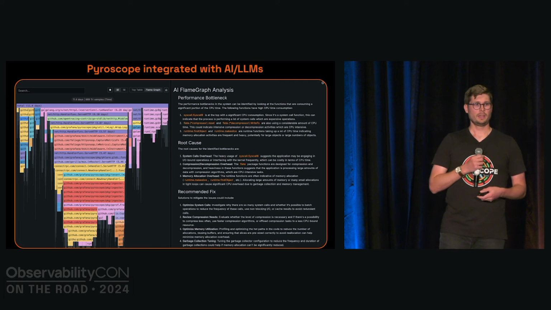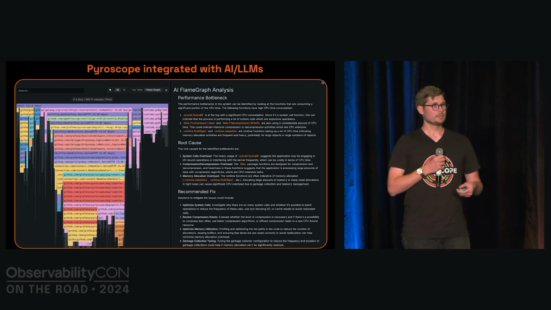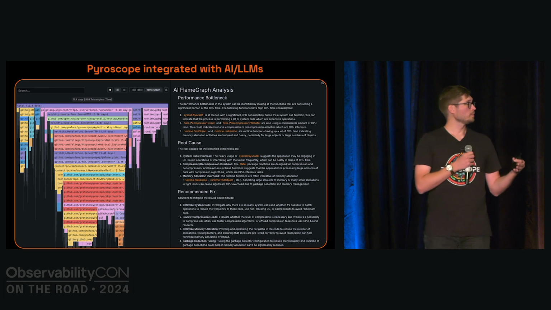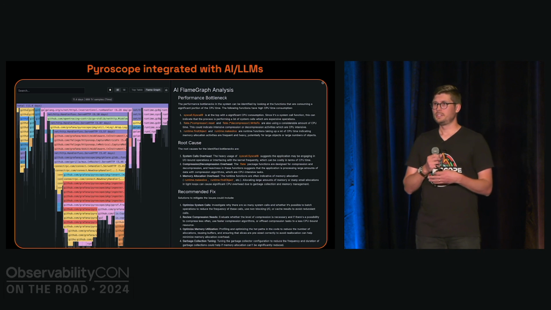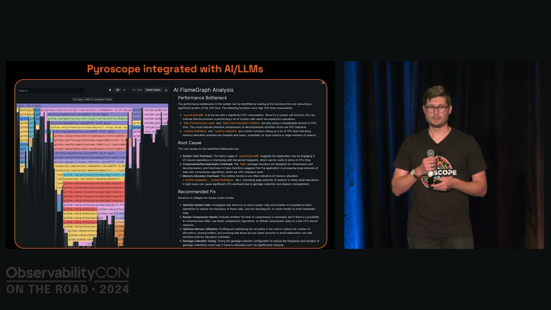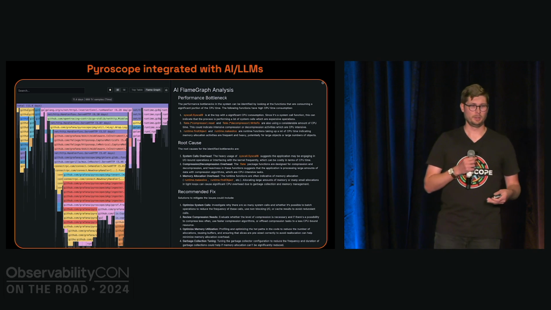Secondly, we've built out an AI feature. So flame graphs can be challenging for new users to understand. And oftentimes, even experienced users need to understand the characteristics and the shapes of flame graphs that certain systems build. And this can take some time and it requires a little bit of intuition.